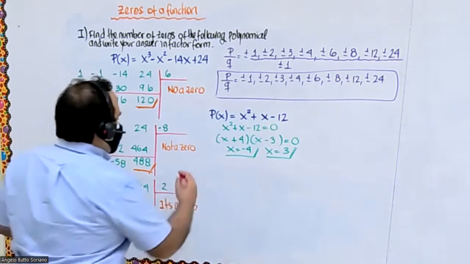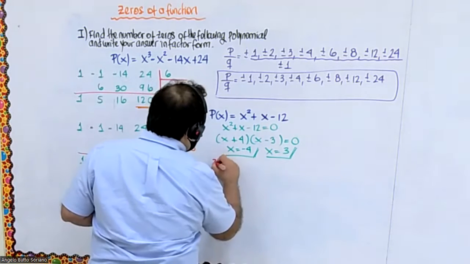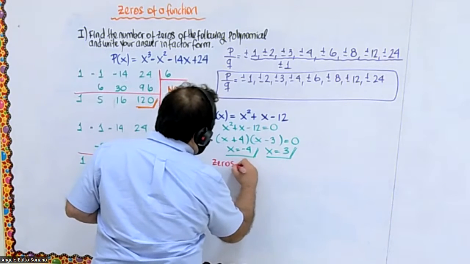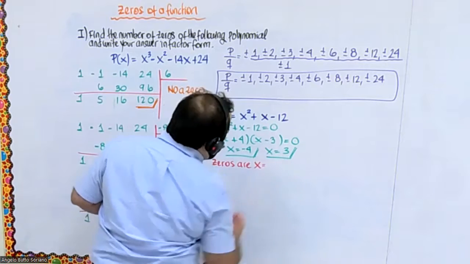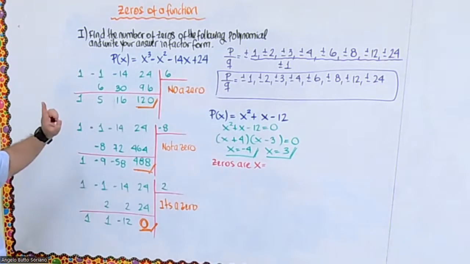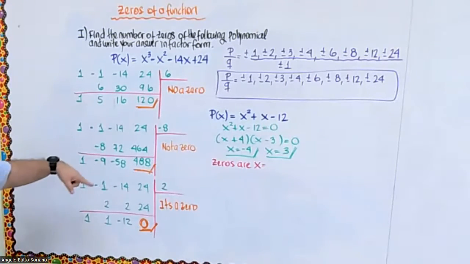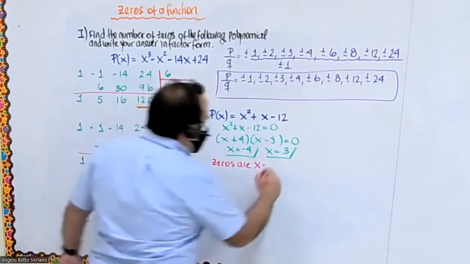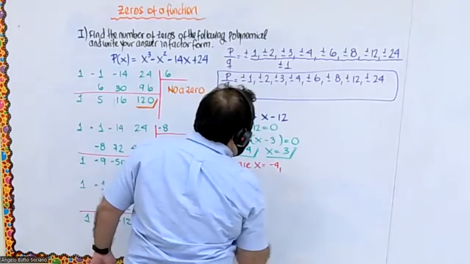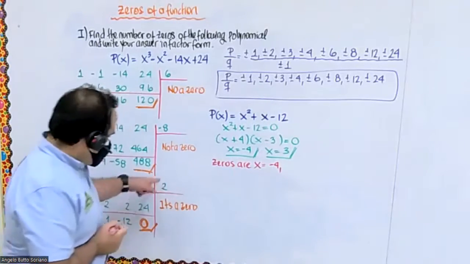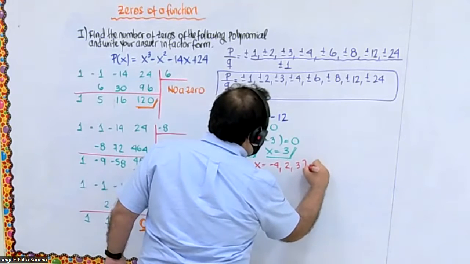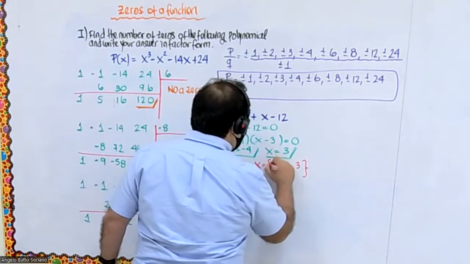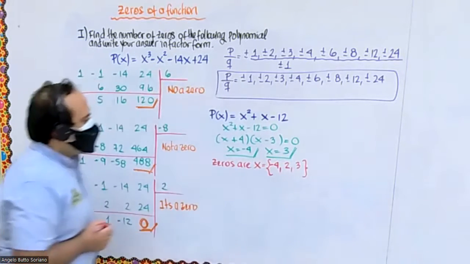The zeros are x equals negative 4, 2, and 3.